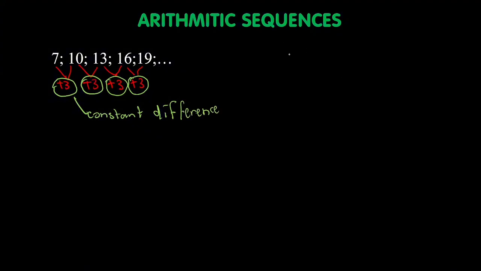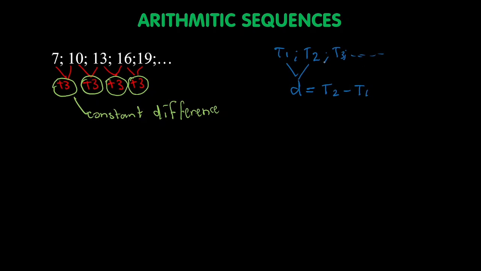Right. Suppose now we have term 1, term 2, term 3, and going on indefinitely. That means that we would have a difference here which we will denote by D. This difference is essentially T2 minus T1.